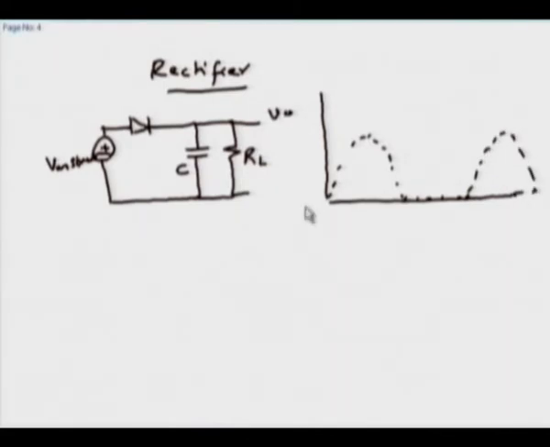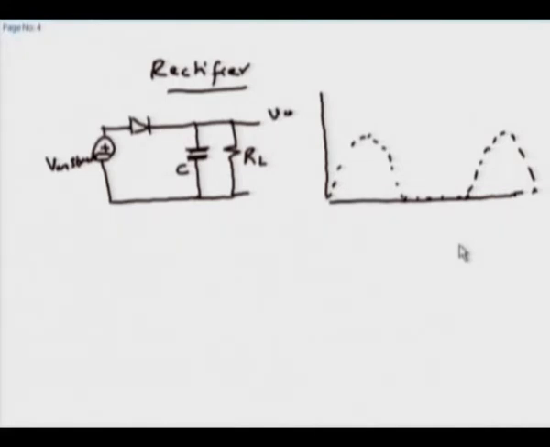Now, if we did not have the resistor there, then the capacitor would have got charged to the full Vm here. The moment we put a capacitor here, and the resistor here, both charging and discharging take place.